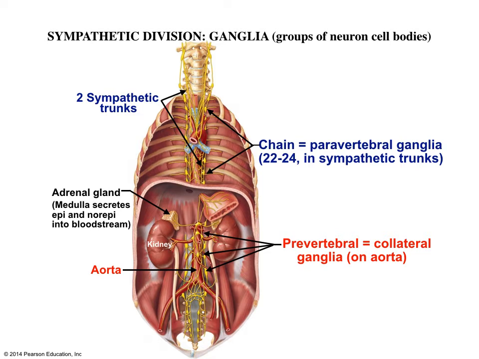This slide also shows one of the two adrenal glands. Each adrenal gland's interior is called the adrenal medulla, and adrenal medullary cells, once they're innervated by the sympathetic division, release epinephrine and norepinephrine directly into the bloodstream.